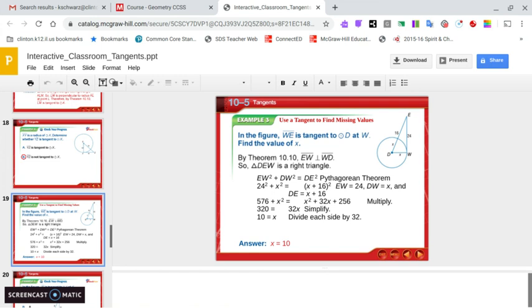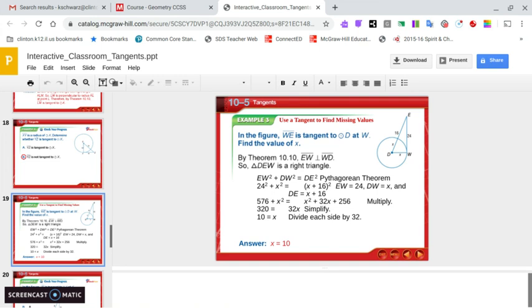X times X is X squared. We distribute: X times 16 is 16X, 16 times X is 16X, and 16 times 16 is 256. If we add 16X plus 16X, that's where we get 32X. So now we have X squared plus 576 equals X squared plus 32X plus 256.